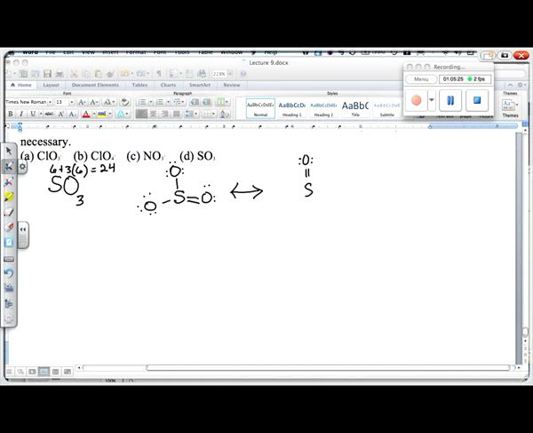We would change the number of lone pairs depending on how many bonds to oxygen. So that's another resonance structure. And then the third one is the other position, which is here. And then you can fill in lone pairs.